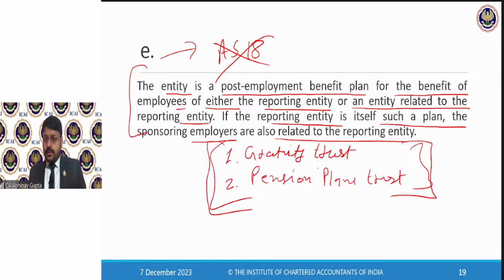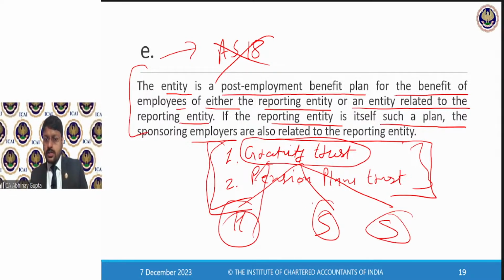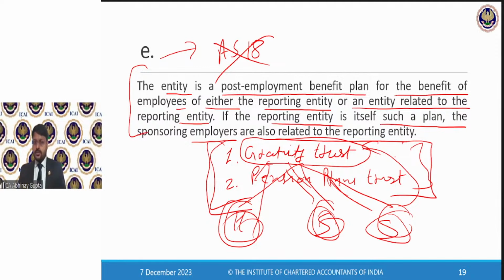And if these trusts are set up centrally and various companies in the group, like holding company and subsidiaries, are depositing contributions to these trusts during the year, all these parties will be treated as related parties to the trust, right? So the word used here is sponsoring employers, who are also related parties. Okay.